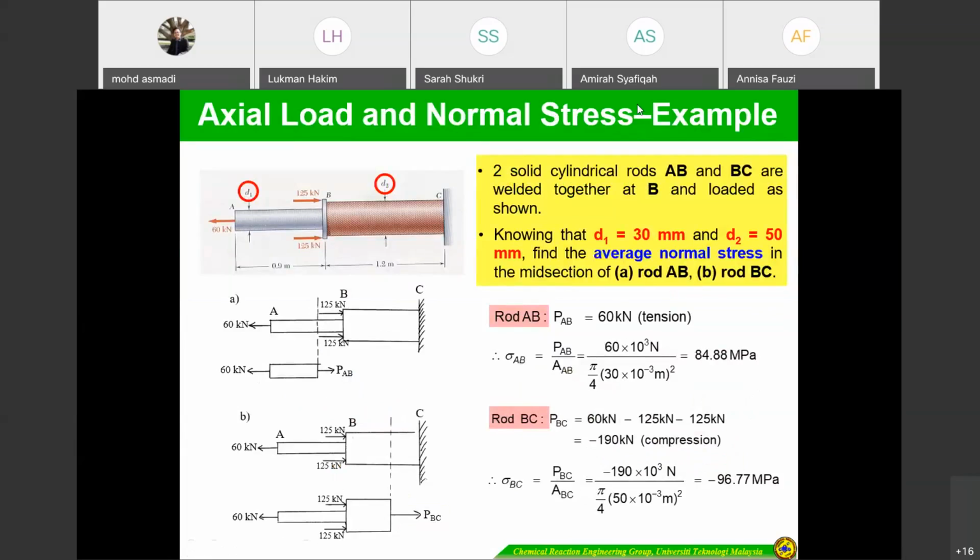Similarly, I'm not sure if it is the same material they use, but some use different materials. Maybe this one is aluminum and this one is steel. So you have to calculate by using the method of section also. Method of section is important until the end of this course, until chapter 3.